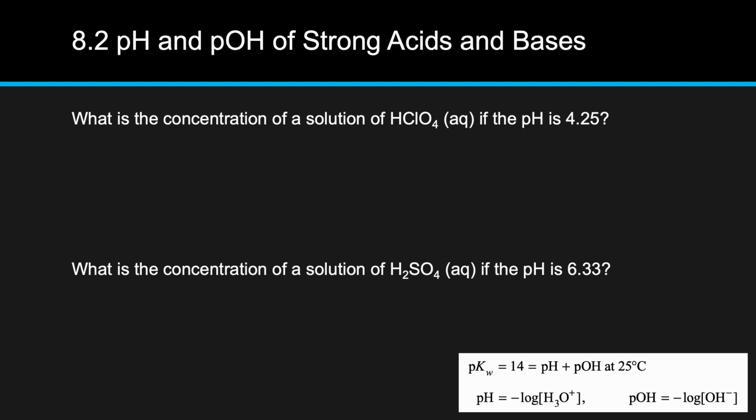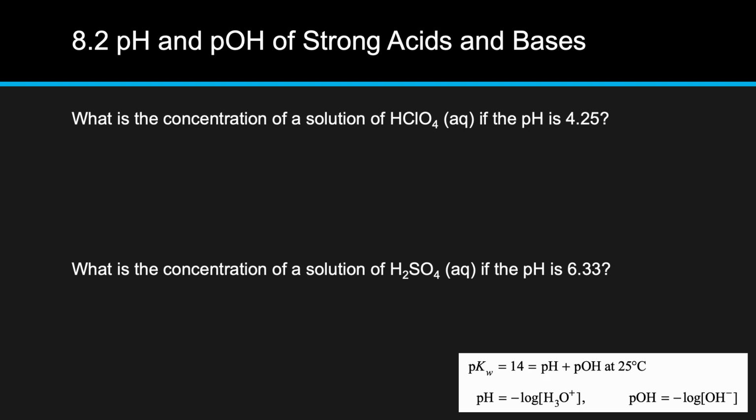Now on the previous slide, we went from concentration to pH, and now we are going in the opposite direction, from pH to concentration. So we are looking at the concentration of HClO4 if the pH is 4.25.